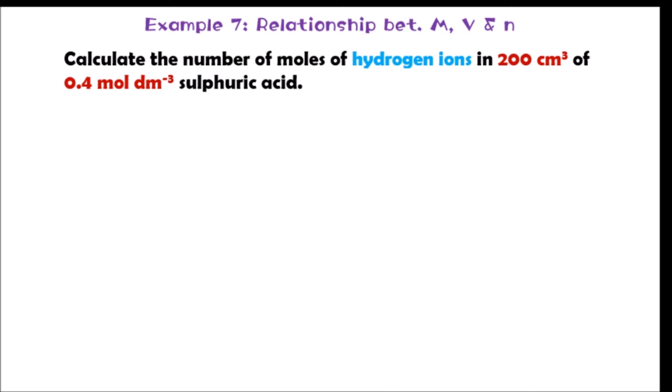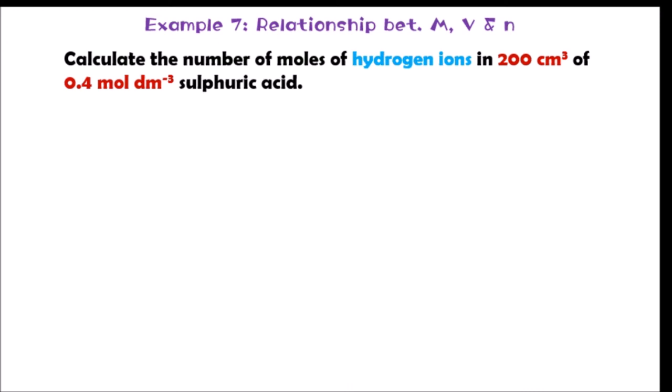Calculate the number of moles of hydrogen ions in 200 cm cube of 0.4 mole per dm cube sulfuric acid. See this question, you need to find the number of mole of hydrogen ions.